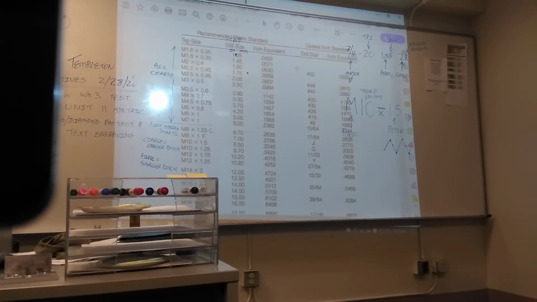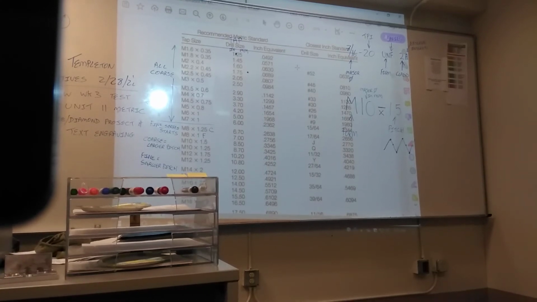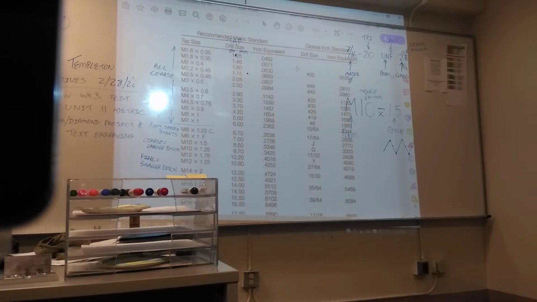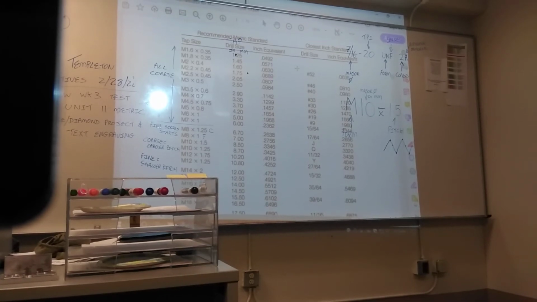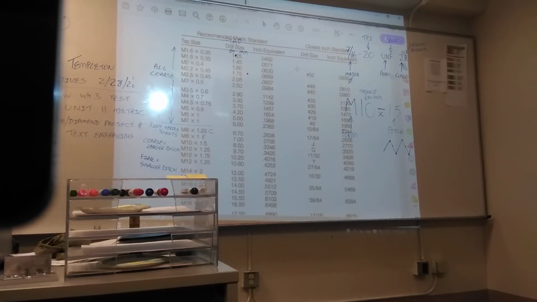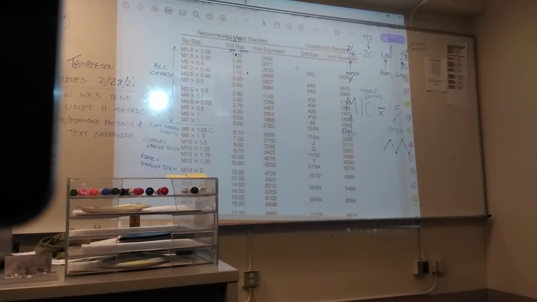M14 by 2, 12 millimeter drill. That's the deal, it's right there. Pick one. M3 by 0.6. 2.9 millimeter drill. Correct.